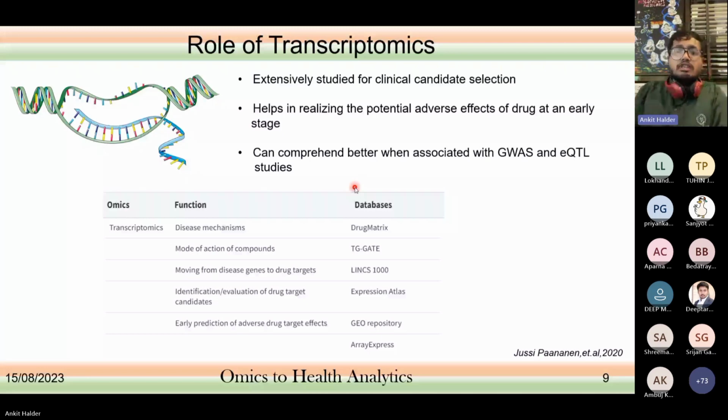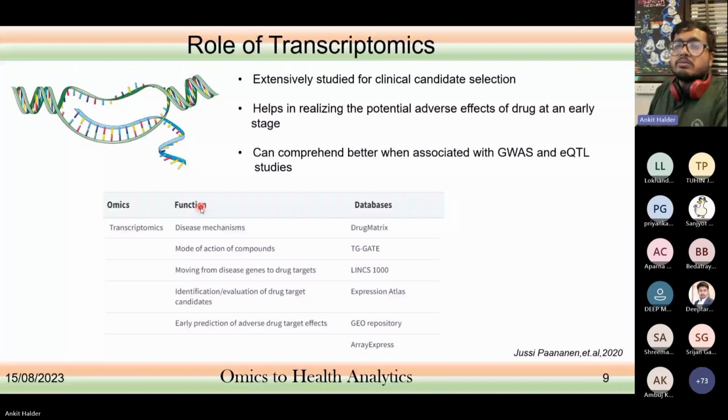Now when we are giving the particular drug to that particular gene, the expression level changes help, transcriptomics helps us to understand at a very early stage whether there is any off-target effect or not, whether that particular gene is being targeted or there are certain other adverse effects. So this is where the role of transcriptomics is very crucial.